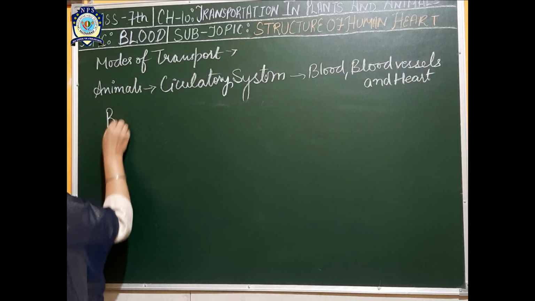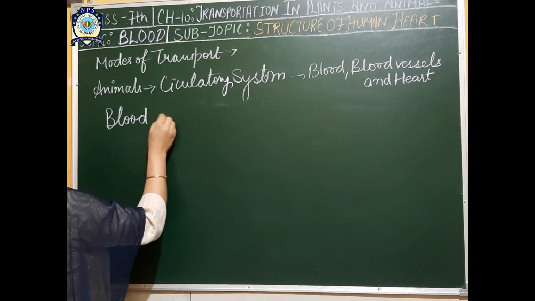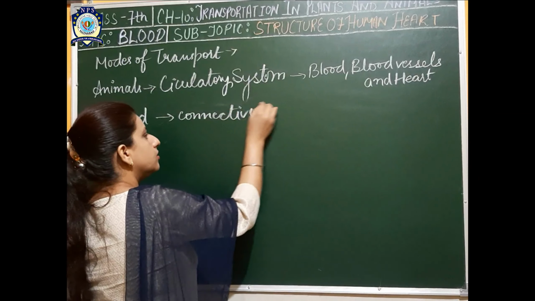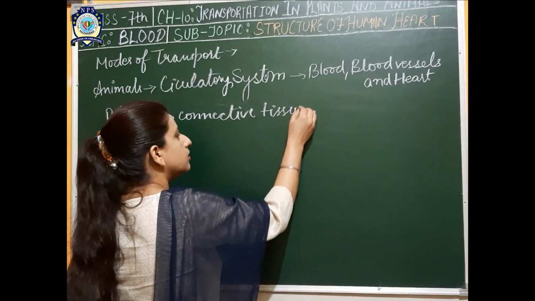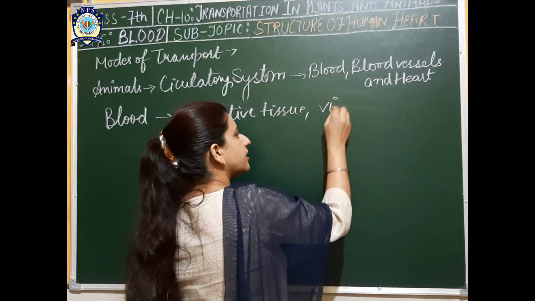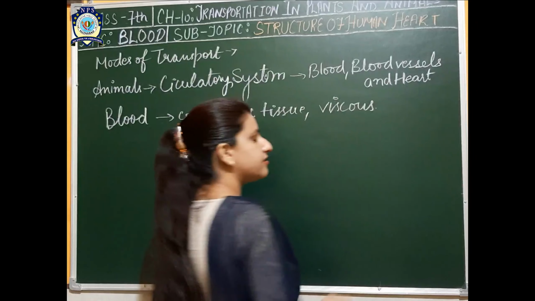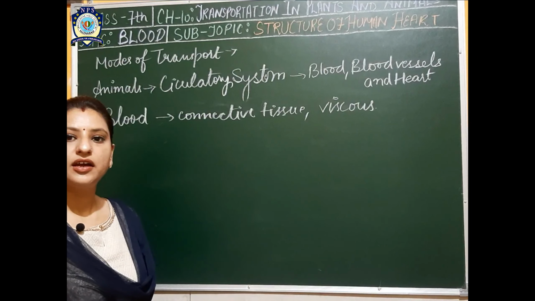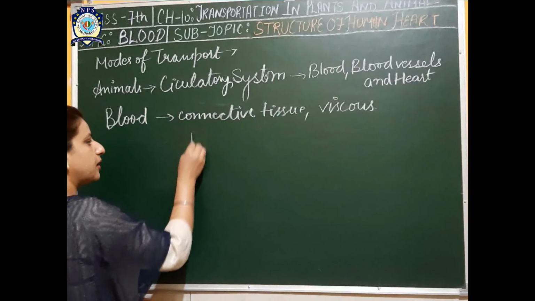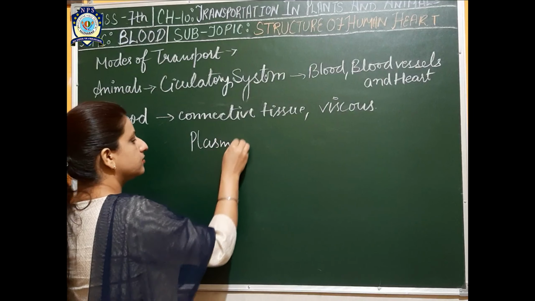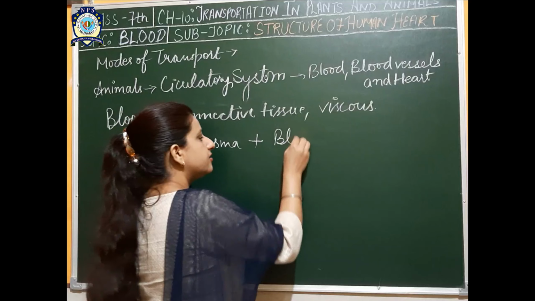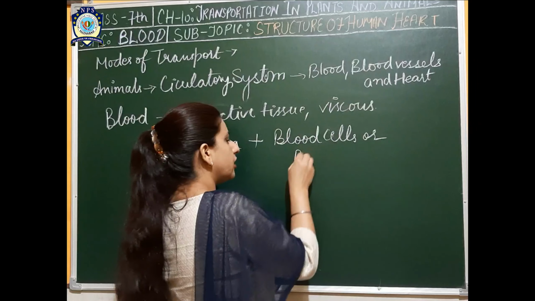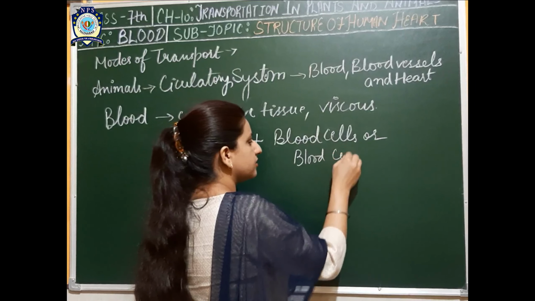So the blood is a connective tissue. It is viscous in nature, meaning it is thick, and this blood comprises two parts, that is plasma plus blood cells, or you can also name them blood corpuscles.